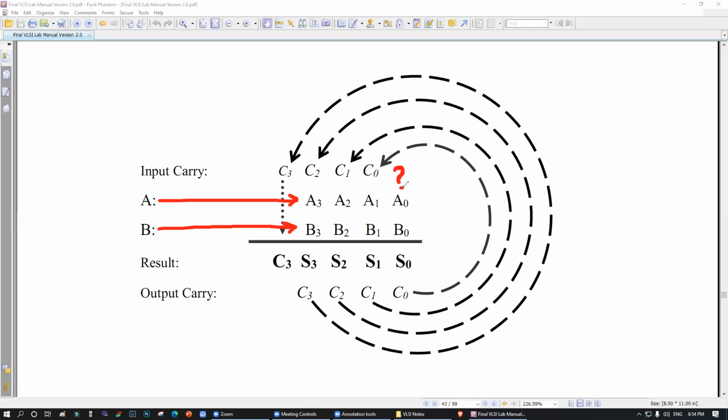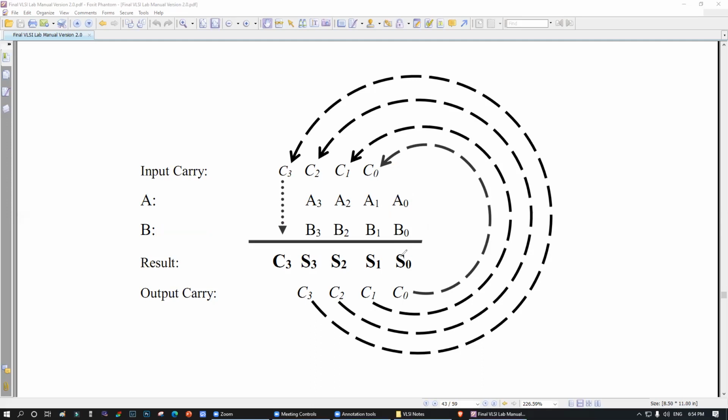Only 2 bits, A0 and B0. If you add them, the result will be the sum. Here you can use a half adder or a full adder. If you use a full adder, 1 digit is fixed, empty, so you can use 0 here. I will explain what I mean by this.